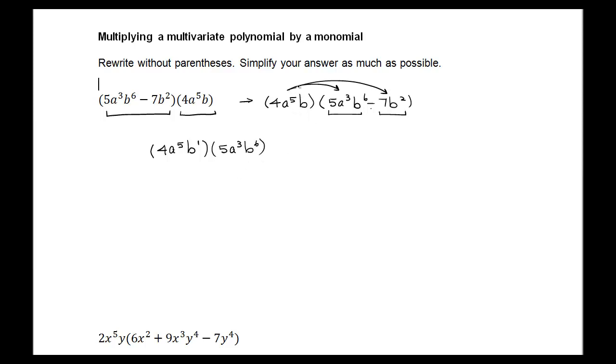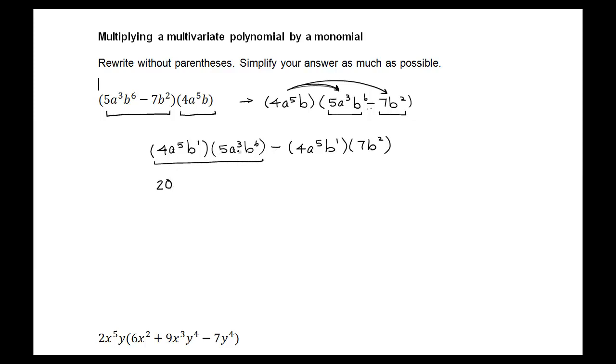Alright, so I did this first one. Now I'm going to subtract, because I had a subtraction. And I have 4a to the 5th times b. Again, I'm going to remind myself that it has a 1 there, times 7b squared. Okay, so now let's go ahead and simplify each one of these terms. I have 4 times 5 gives me 20.